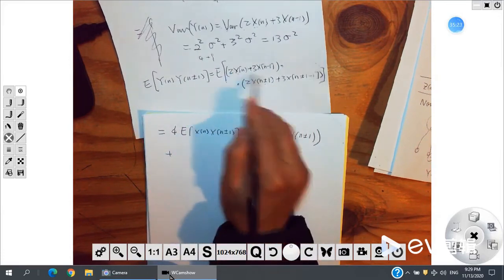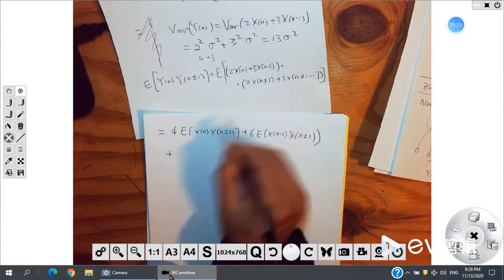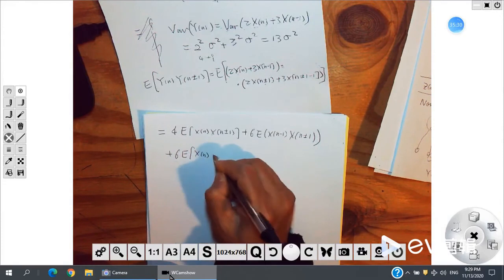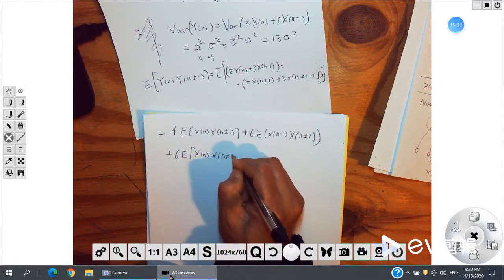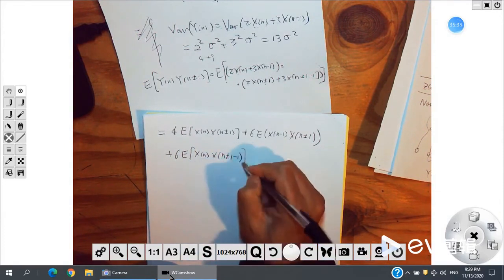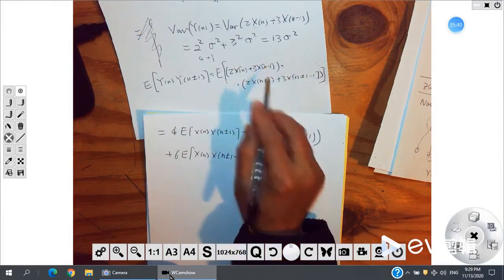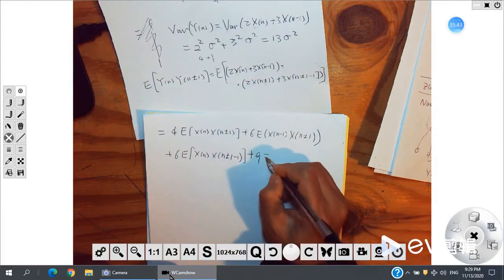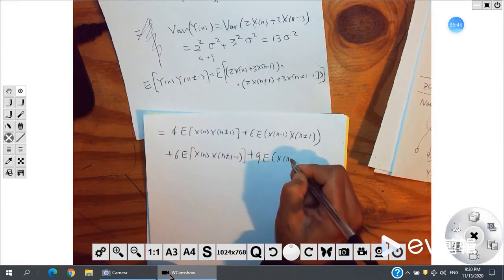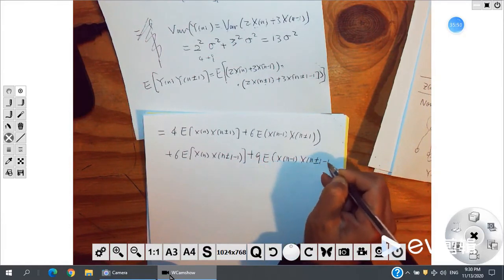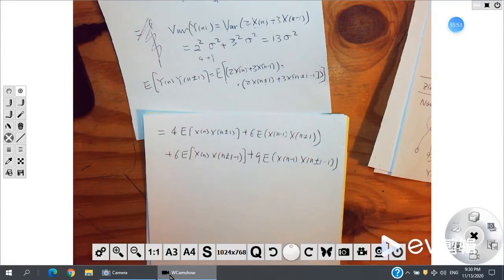Now this one times this one, so it will be 6 e of x of n times x of n plus or minus 1 minus 1. And the last term, these two together, that should be 9 e of x of n minus 1 times x of n plus or minus 1 minus 1. Then we have this. Okay, so what is this one?